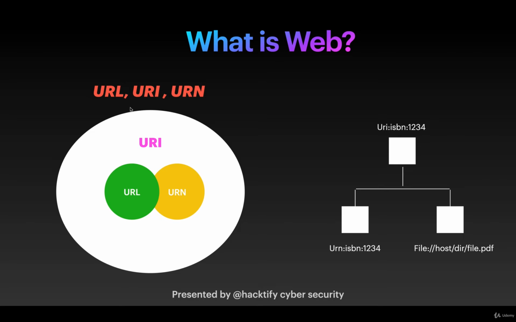If you look at the right-hand side, we're going to take an example of a book. Any book contains an ISBN number. For instance, let's say there is a book with the ISBN number 1234. You can identify that book based on the ISBN number, but it does not give you the exact location.